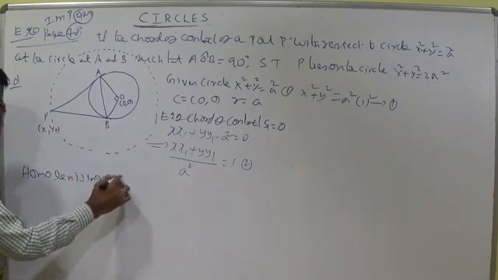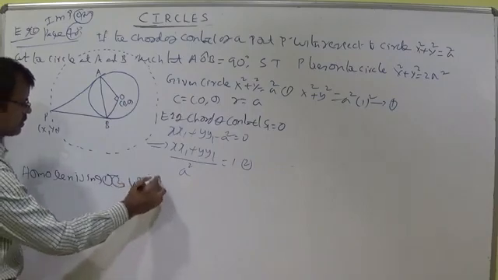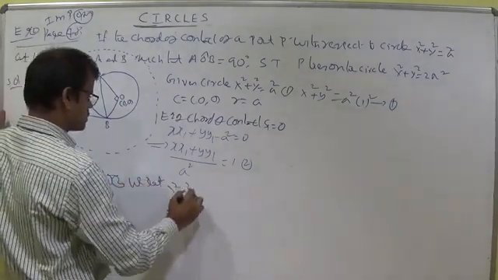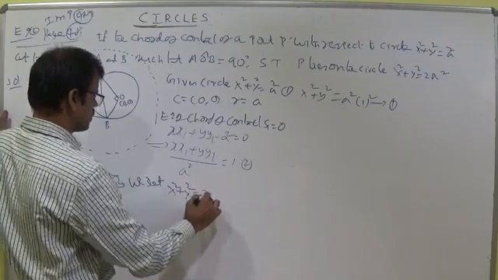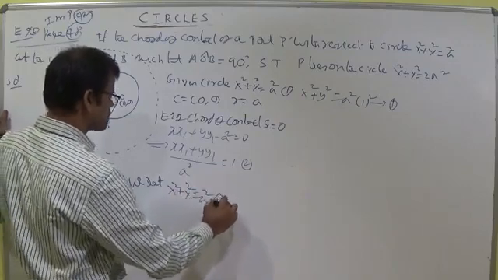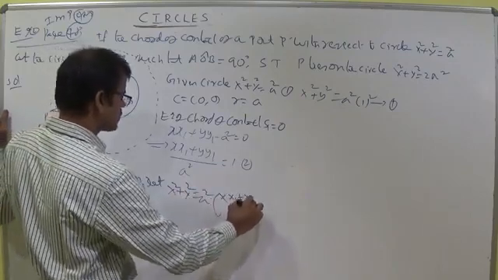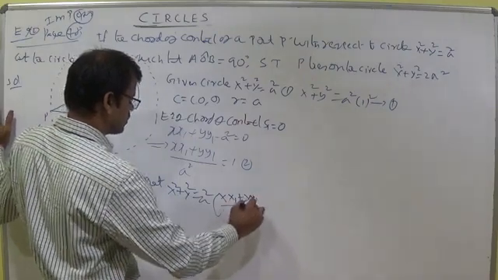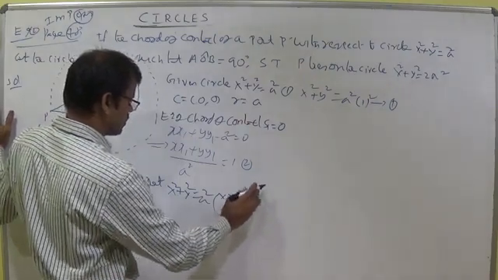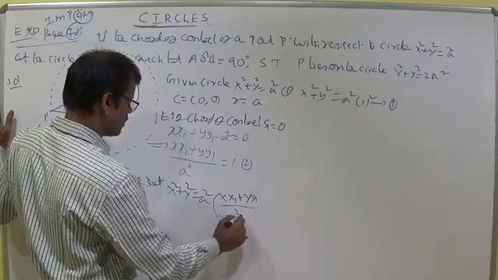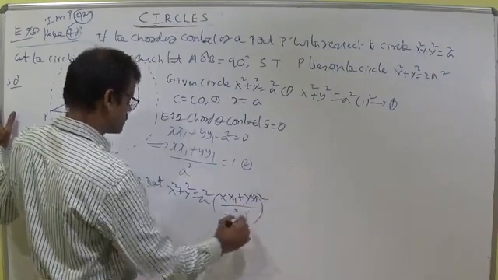Homogenizing 1 comma 2 we get x square plus y square is equal to a square into (xx1 plus yy1 by a square) total whole square.